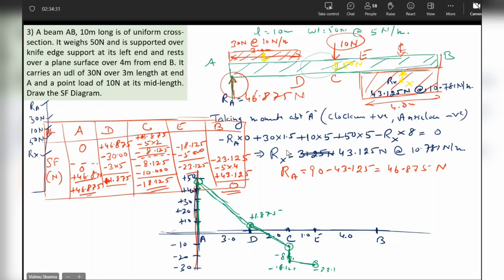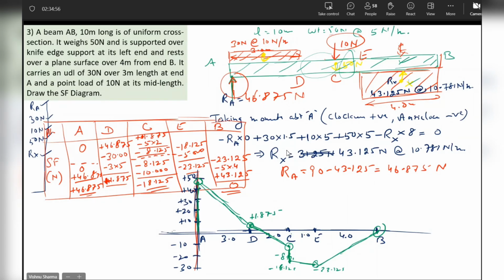Why? Because if you see in the diagram, C to E is 5 newtons, one weight of it. Then it goes from E to B to 0. From E to B, you have the weight of the beam, which is uniform. You have the reaction, which is uniform. So therefore, the change will be uniform. I join with a straight line. You get this.